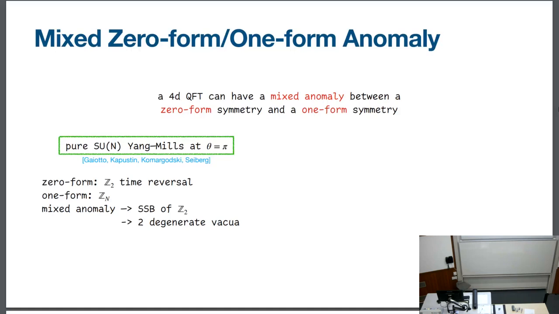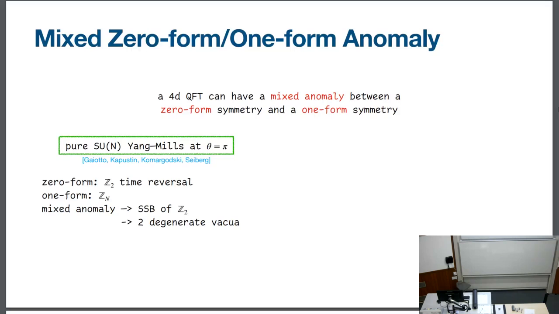If I take pure SU(N) Yang-Mills theory at theta angle equals pi, and this was a very nice piece of work done by these authors in 2017, at theta equals pi there is a zero-form symmetry, which is just a Z2 corresponding to time reversal symmetry. And there is a one-form symmetry. I'll explain how we determine this in a few minutes, but just take it for now. And there's a mixed anomaly between these two symmetries.